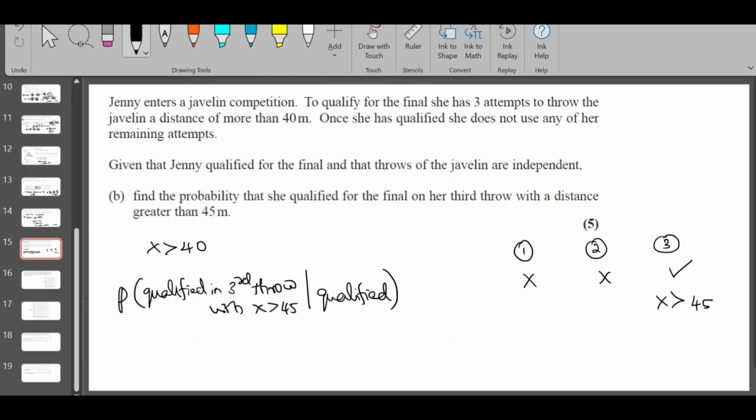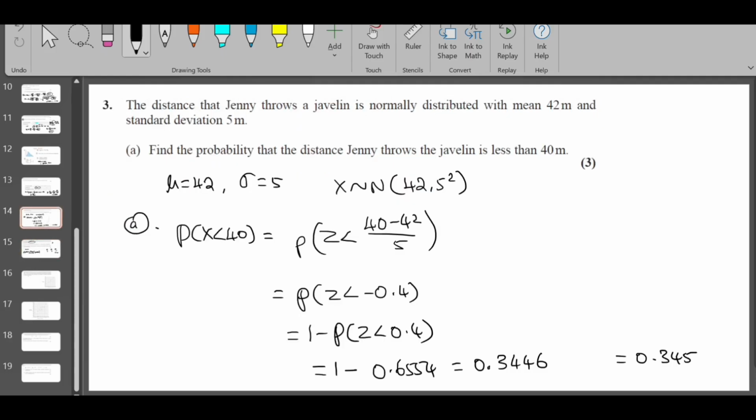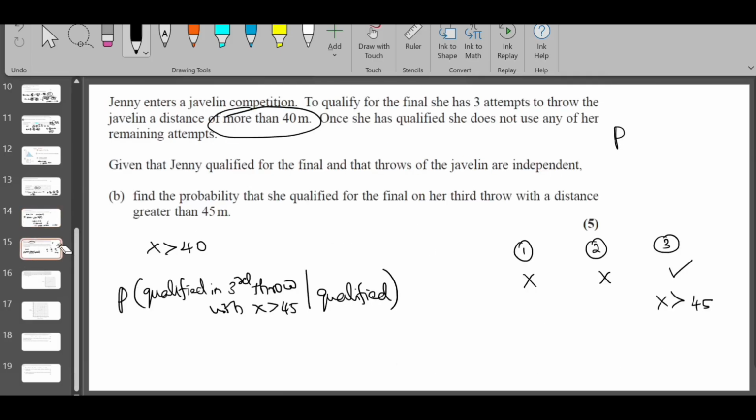Now to qualify she has to throw more than 40, right? But we calculated less than 40, which is this one, 0.3446. So more than 40 will be 1 minus this. So P of x is more than 40 is 0.6554.